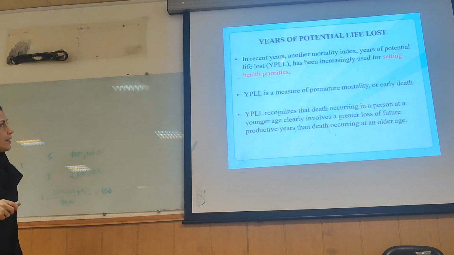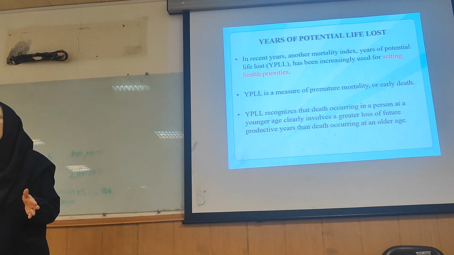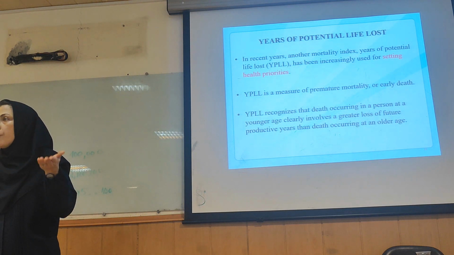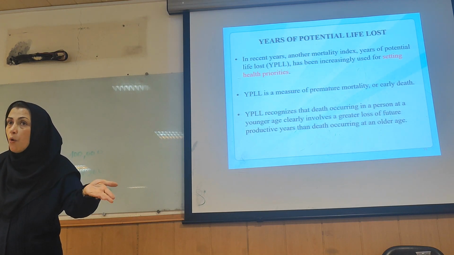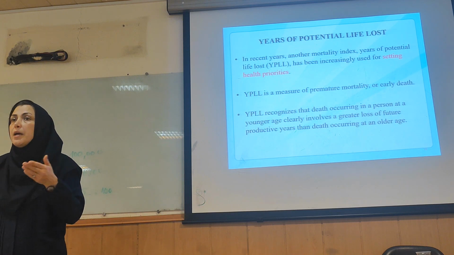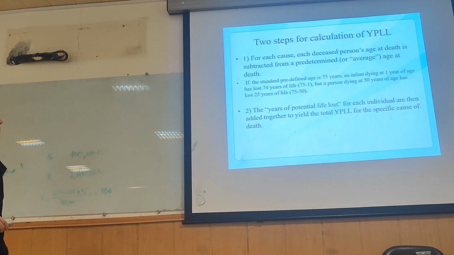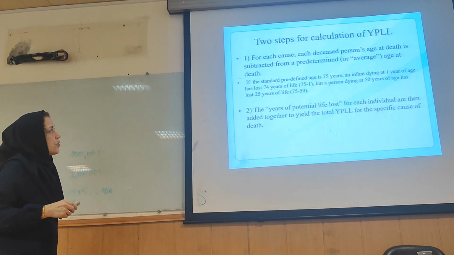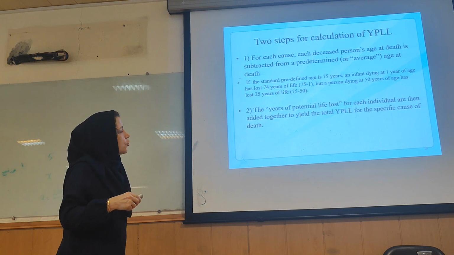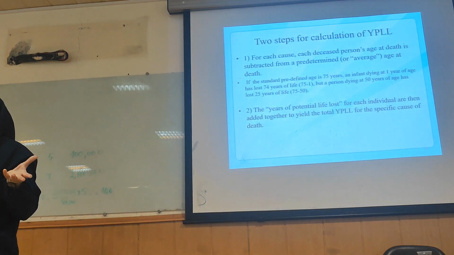You can use this topic because the number of mortality and the rate of mortality would be the same for two diseases, but the importance of one disease is higher, because it produces deaths at an earlier age. Okay? So, to calculate the years of potential life lost, you should know the average age in that country.